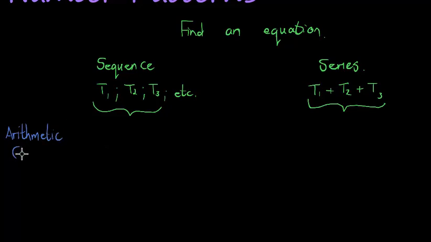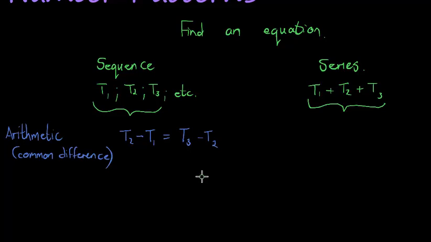Common difference. Okay, now that gives us our first equation. Common difference means if I take term 2 and I subtract term 1, that's what we call the difference between the terms. I will get the same answer as taking term 3 divided by term 2.